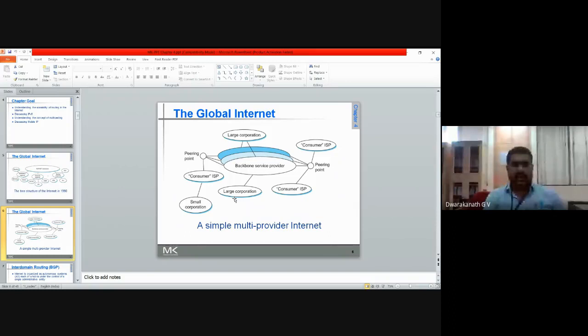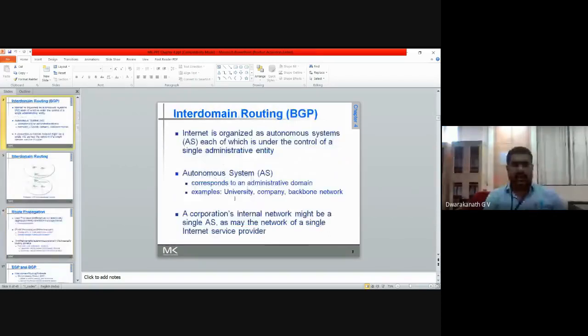Coming to the next. Now, this is one very important routing concept, that is BGP, Border Gateway Protocol. Before getting into the Border Gateway Protocol, that is interdomain routing, you should first know about autonomous systems.